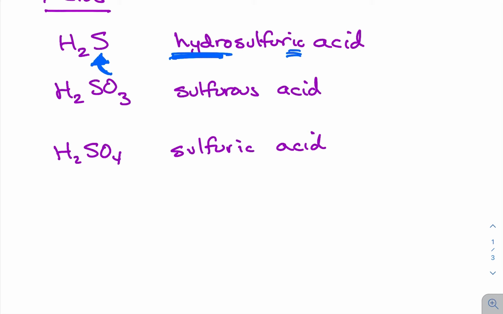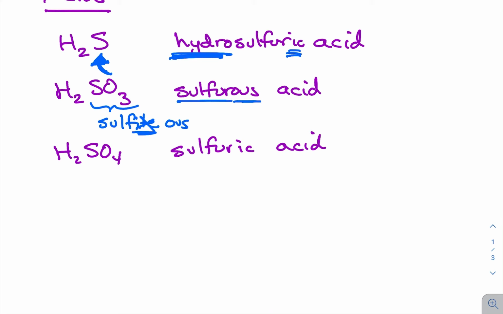Right? Now, what happens if we do have a polyatomic ion, like in this case? So this polyatomic ion is the ion sulfite. Anytime the anion ends in "ite," we're going to replace "ite" with "us." All right. So we take the name of the element that is the non-oxygen part of the polyatomic ion, and we take that suffix of "ite" from the polyatomic ion and we change it to "us."